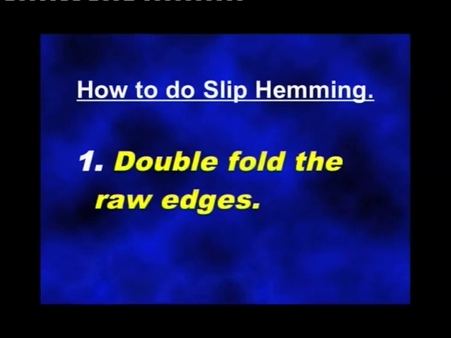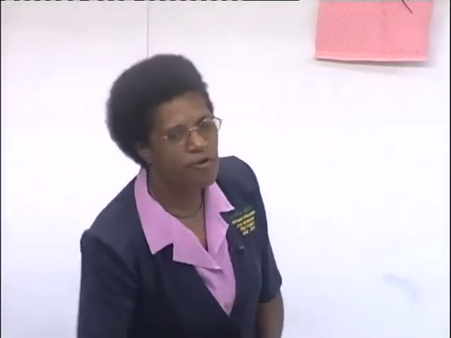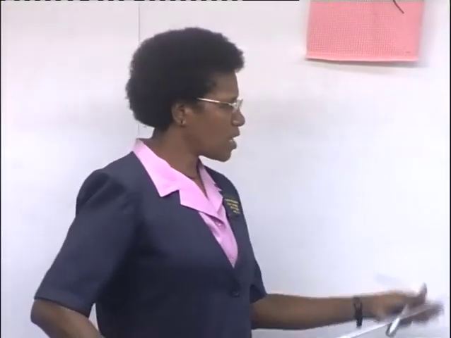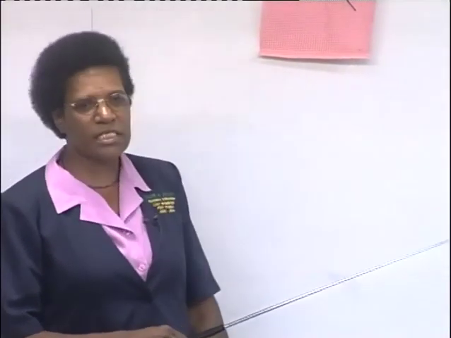Says double fold the raw edge. Now here we have another word, raw edge. The definition we have on the board. We'll all read together, raw edge. What does it say?